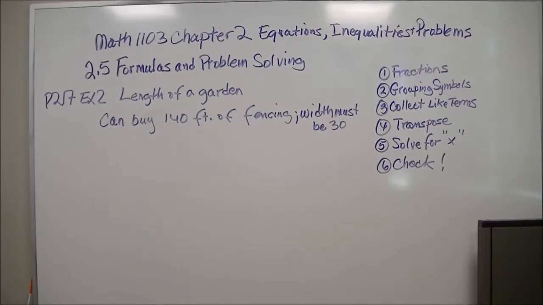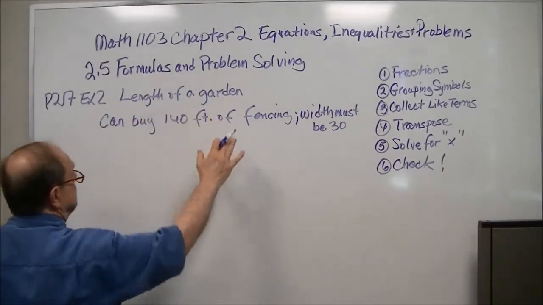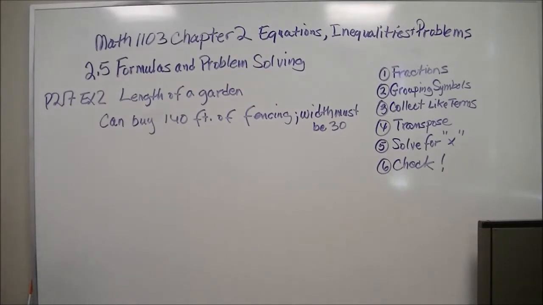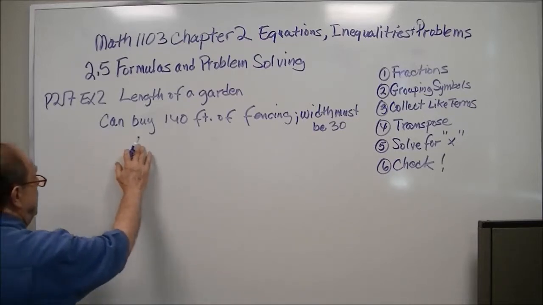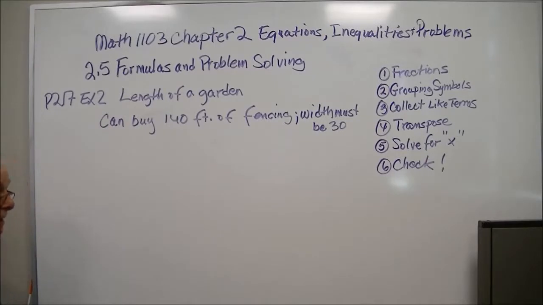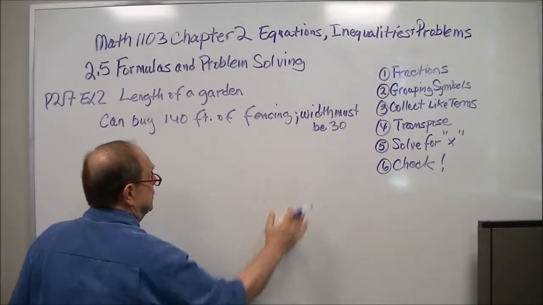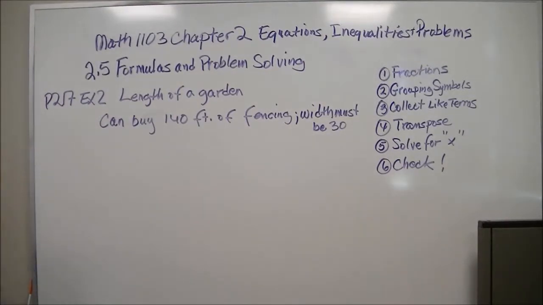Going on to example 2, here we want to find the length of a garden. Now, this person can buy 140 feet of fencing for this garden, and the width of the garden must be 30 feet. So what would the length be?